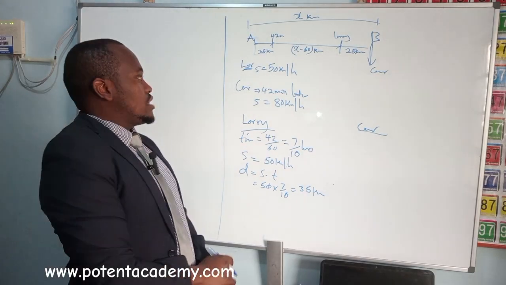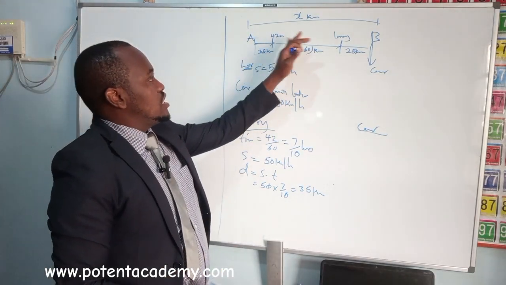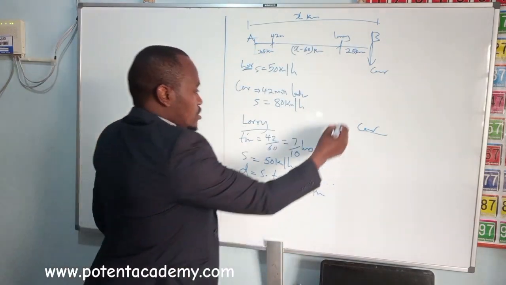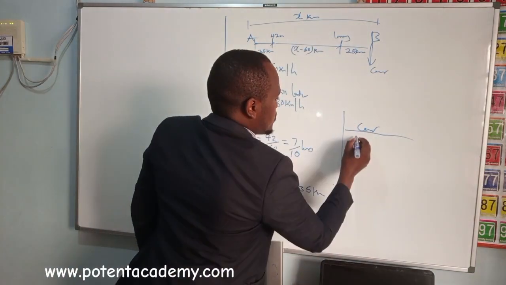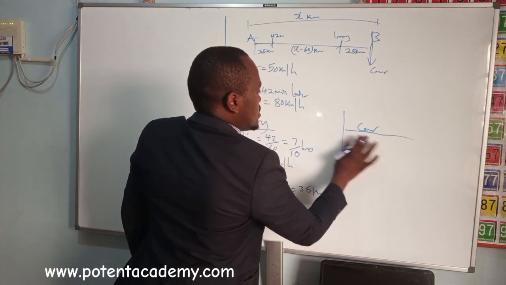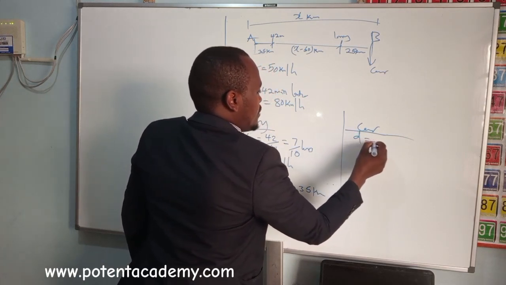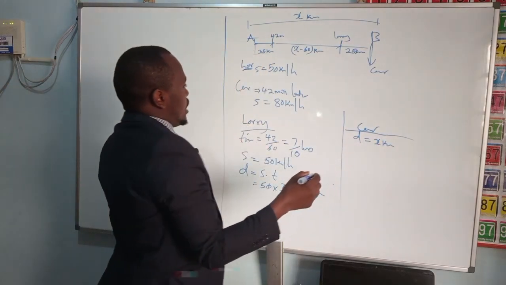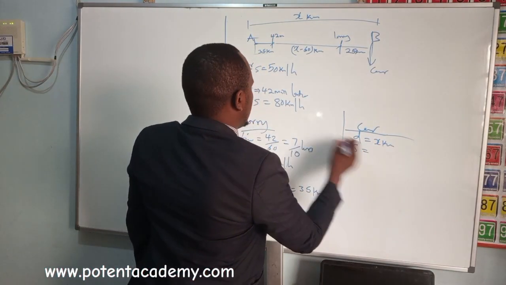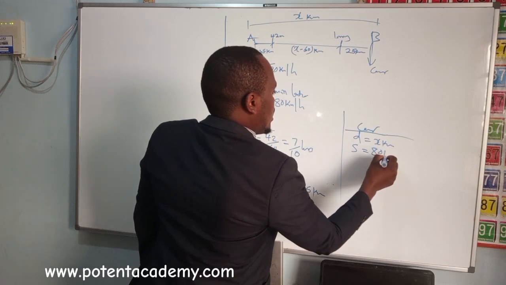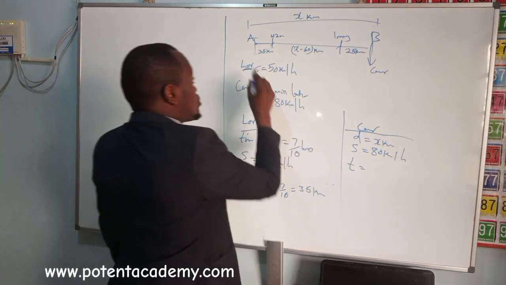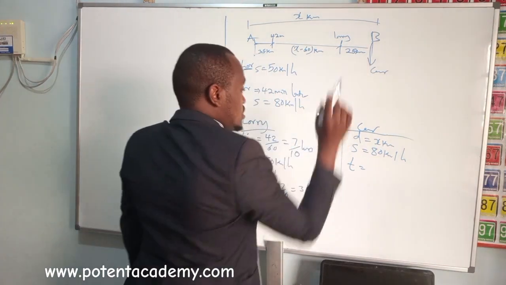Okay? So that's the lorry moving in this time when the car is moving x kilometers. So now we have the car. The distance that it covers in this time is x kilometers. Its speed is equals to 80 kilometers per hour. So what is the time it takes to travel from A to B?